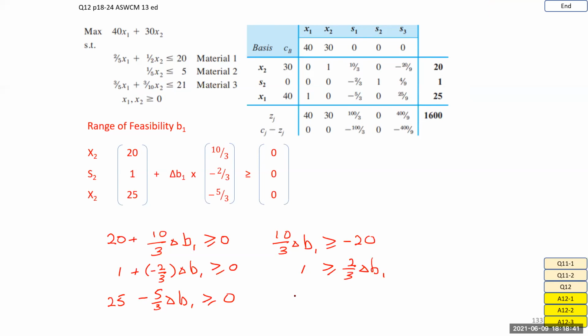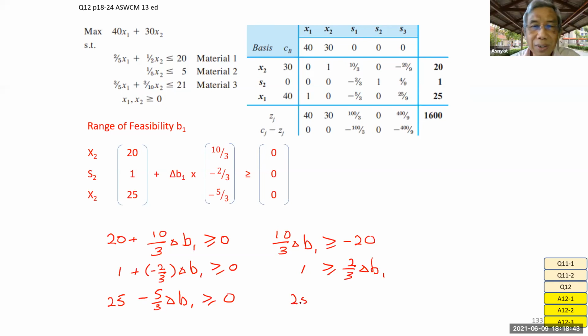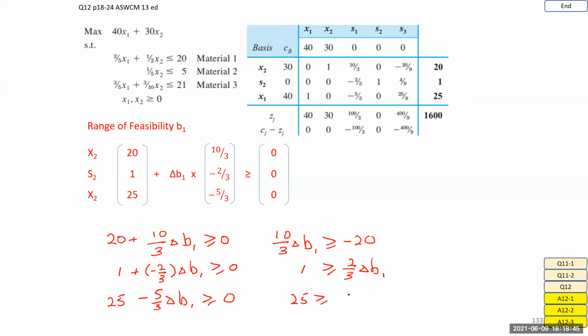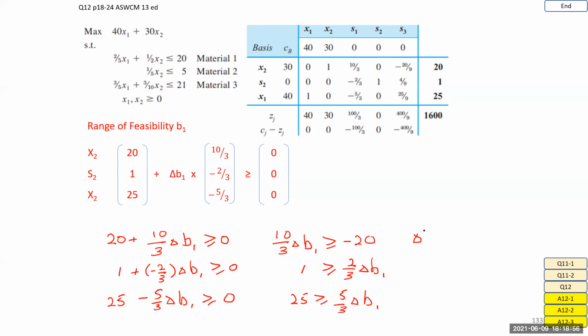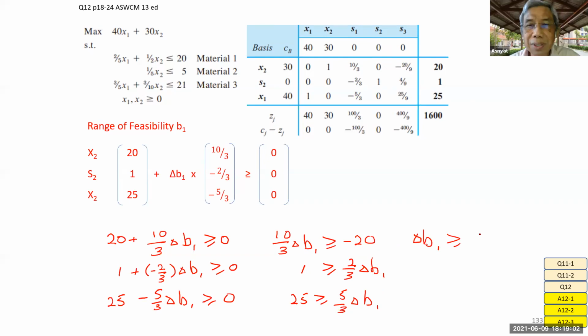The third one: 25 should be greater than or equal to 5/3 delta B1. Okay, let's find the first one. Delta B1 is greater than or equal to -60.